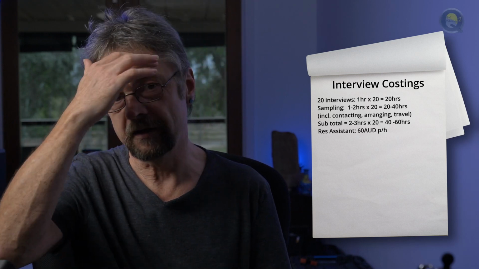Now, if you were employing a research assistant, one of the cheapest forms of paid research workers that we have, they typically costed in at around 60 Australian dollars per hour. They don't get paid all of that. That goes to overheads and so on as well. But it's about $60, varies between institutions and qualification of the worker.